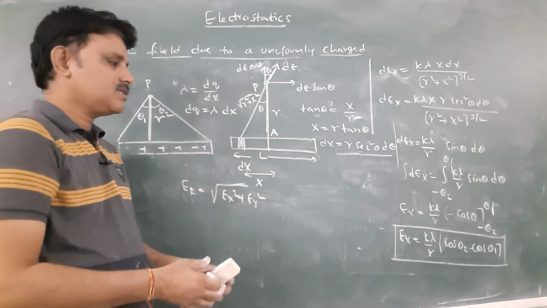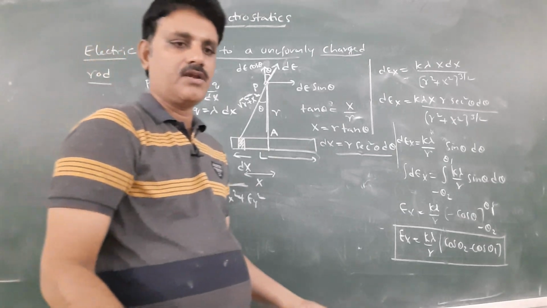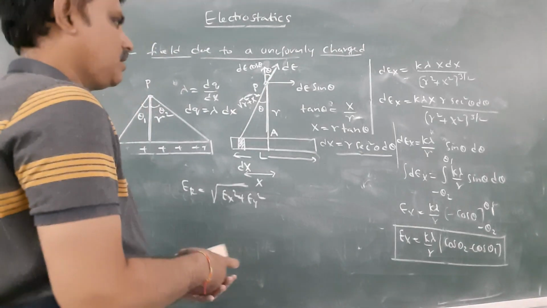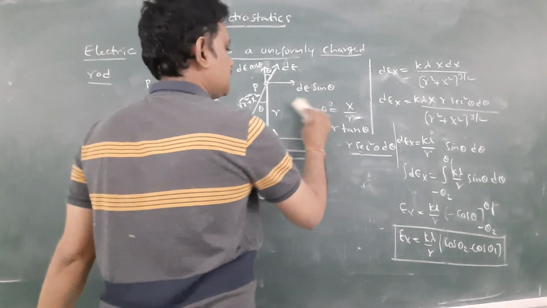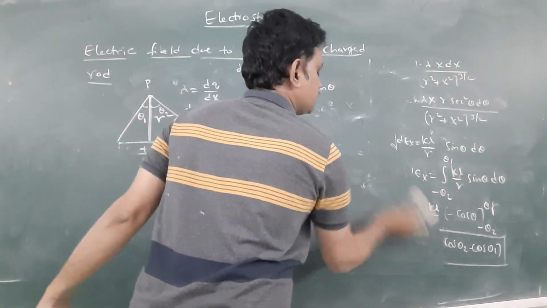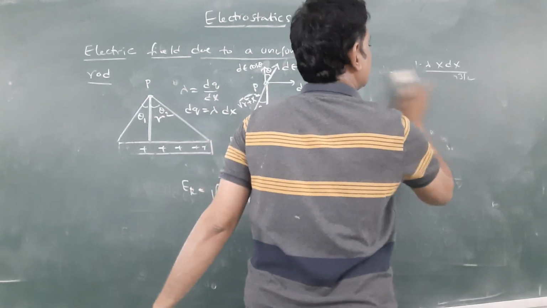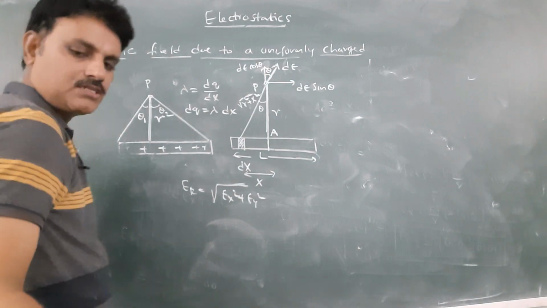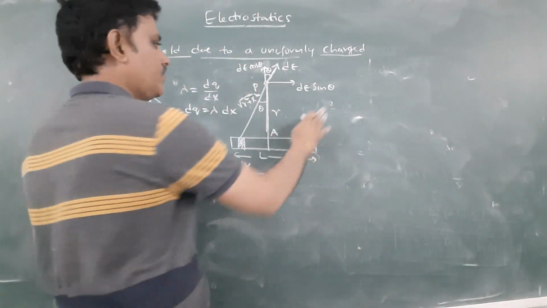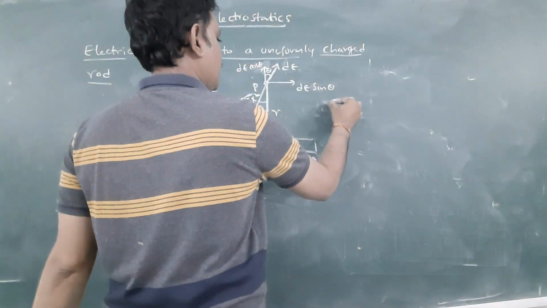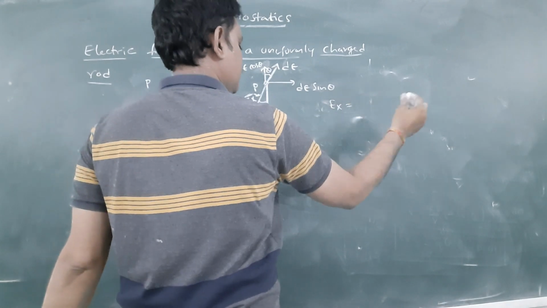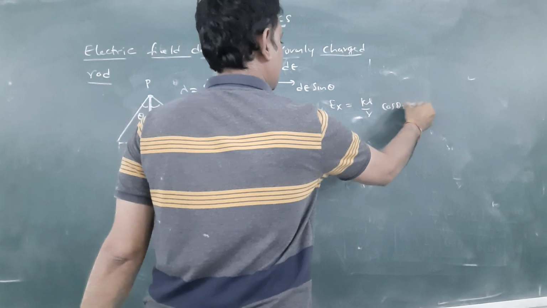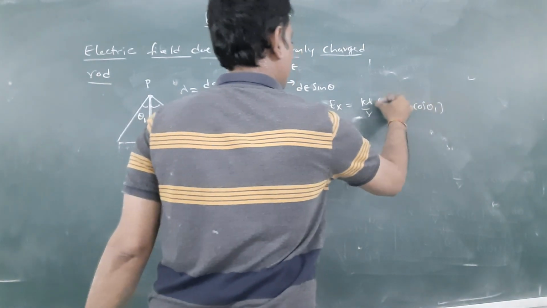Okay, let us discuss the various cases. So we get Ex and Ey values. Once again we write here, Ex is equal to k lambda by r into cos theta 2 minus cos theta 1.